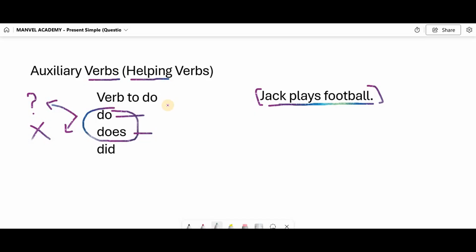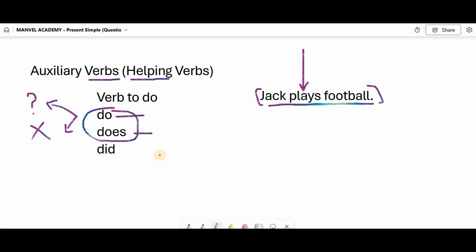If you can't find an auxiliary verb, look for the verb. Again, when you can't see an auxiliary verb in front of your eyes, like is, am, are, was, were, verb to be, verb to have, verb to do, too many verbs.